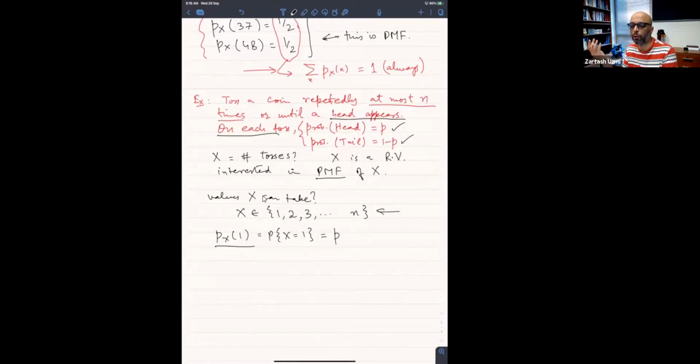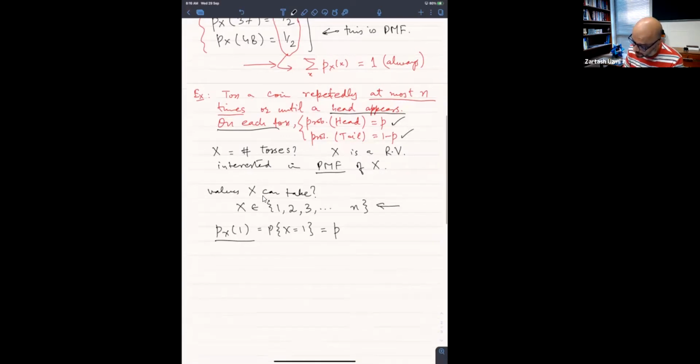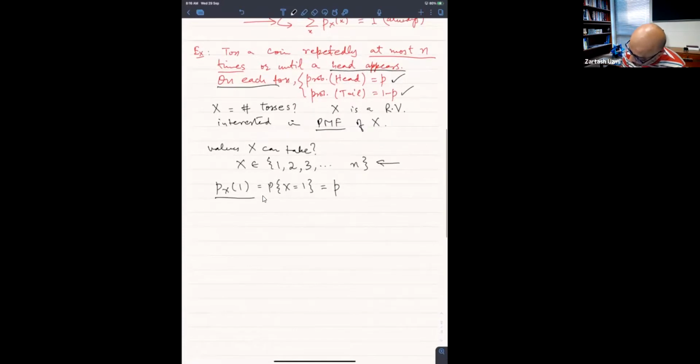P could have been 1/2, but here we have generalized. It is not necessary that this is a fair coin. We said the probability of head is P and the probability of tail is 1 minus P. So the probability X takes the value 1 is the probability that you see a head on the first toss.